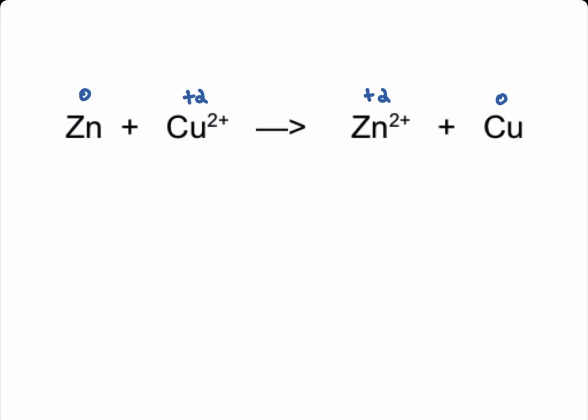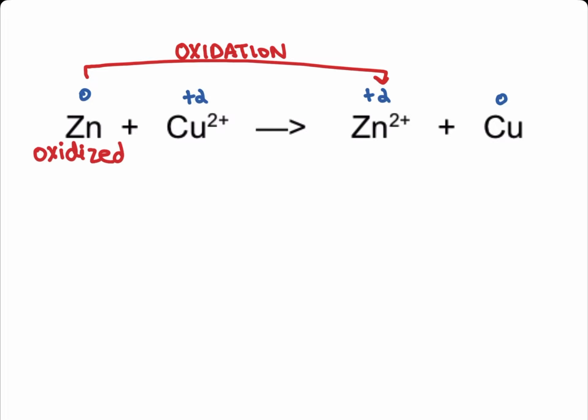Now I want to examine if the atom loses or gains electrons. So I'm going to take a look at zinc, and I'm going to compare that to zinc 2+. It goes from 0 to +2. This loses electrons, and this is called oxidation. Zinc is going through the process of oxidation, so this is called oxidized. And the ending is very important.